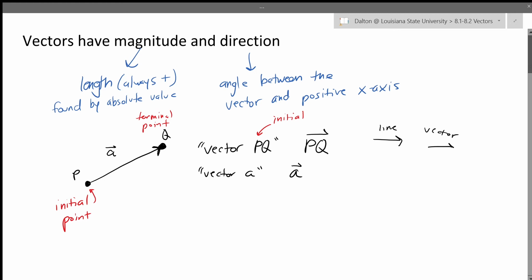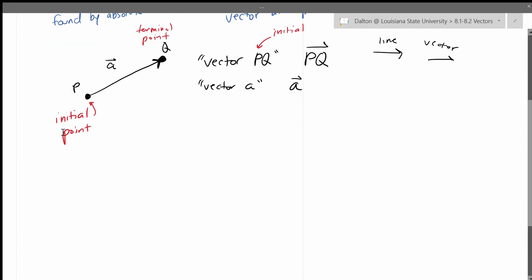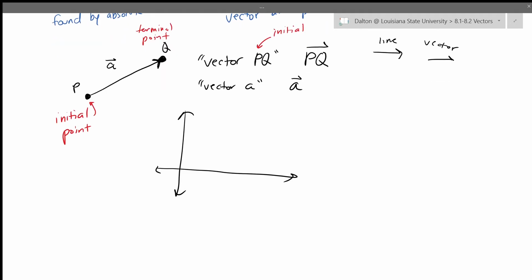Okay, now let's talk about that idea of direction for a second. If I actually put a vector on a coordinate plane, and let's call this vector B, like this.